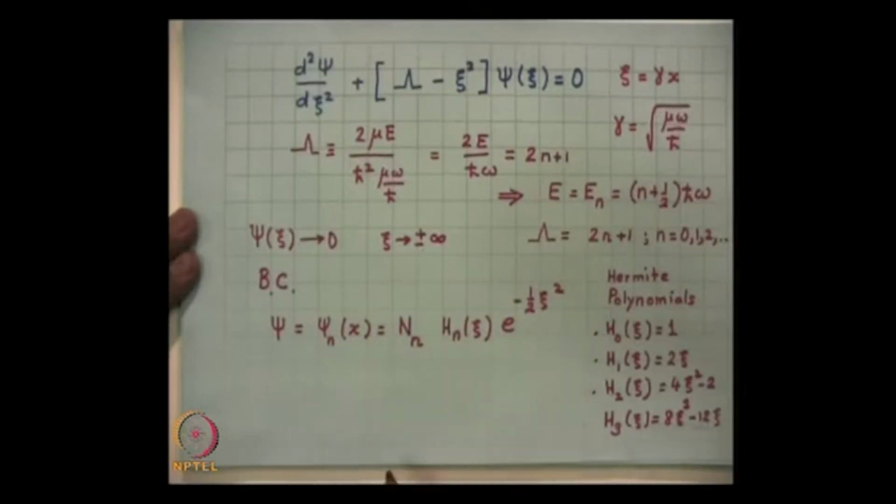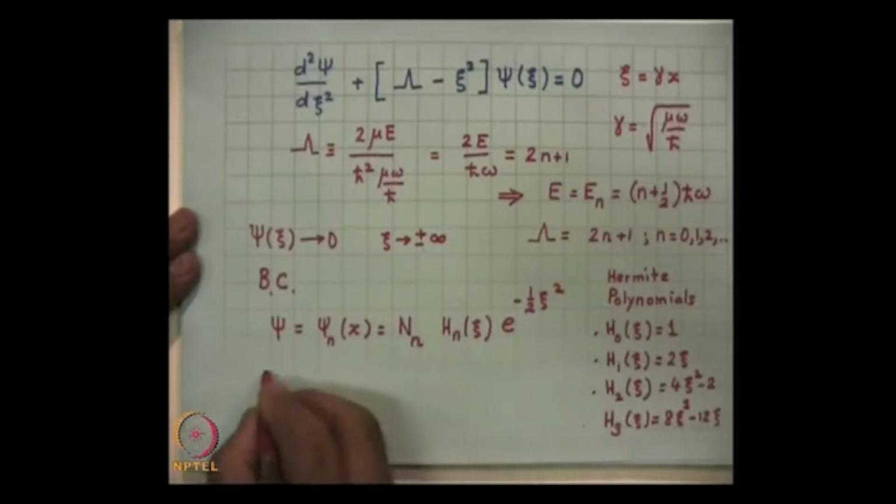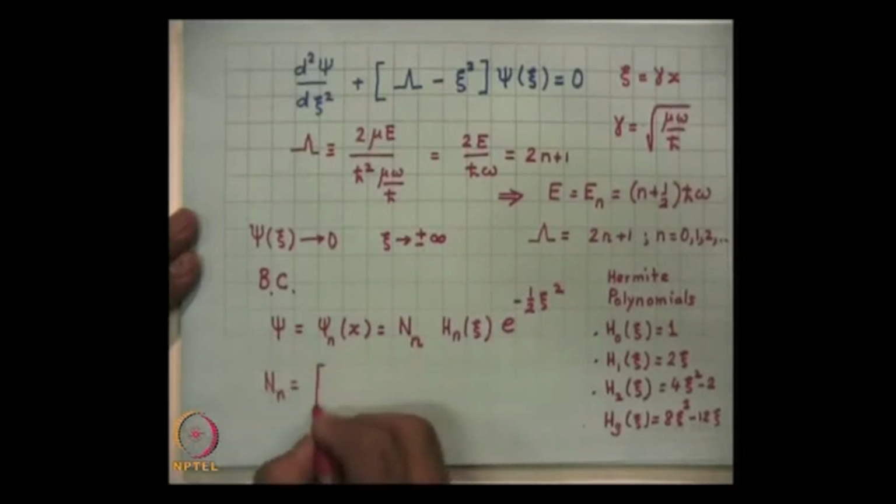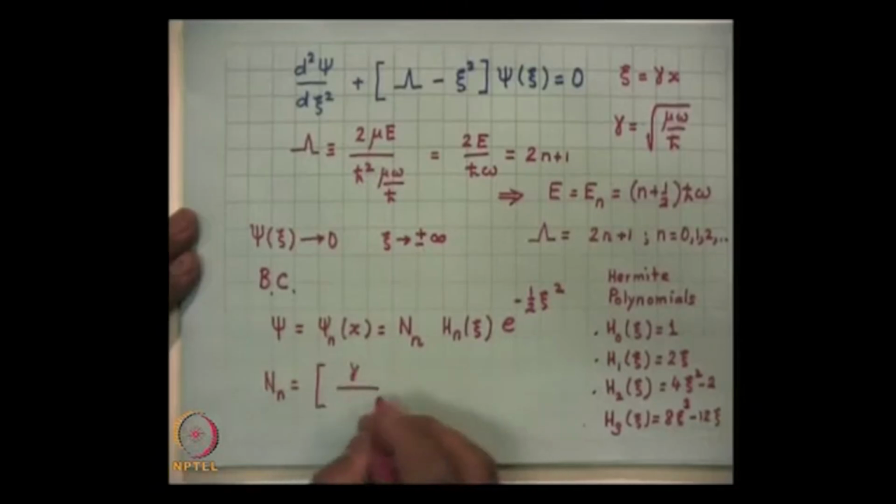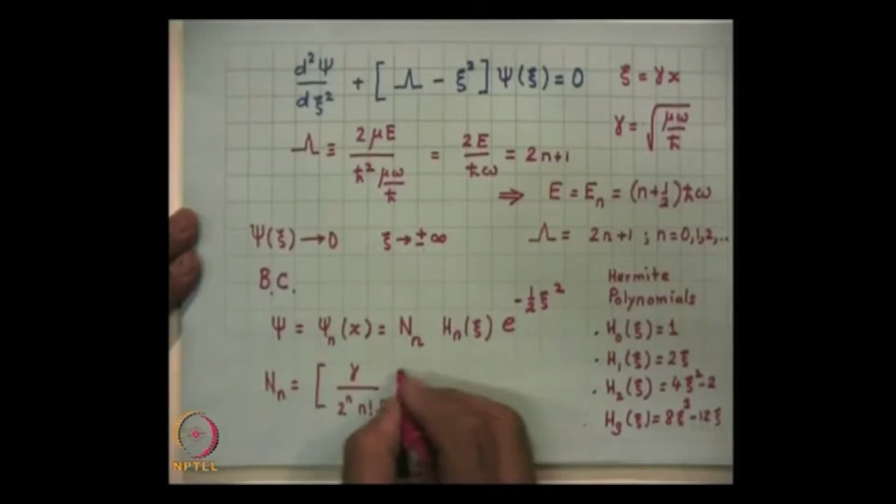These are known as Hermite polynomials, and the normalization constant, I think you must remember this, is gamma divided by 2 to the power of n, n factorial square root of pi.